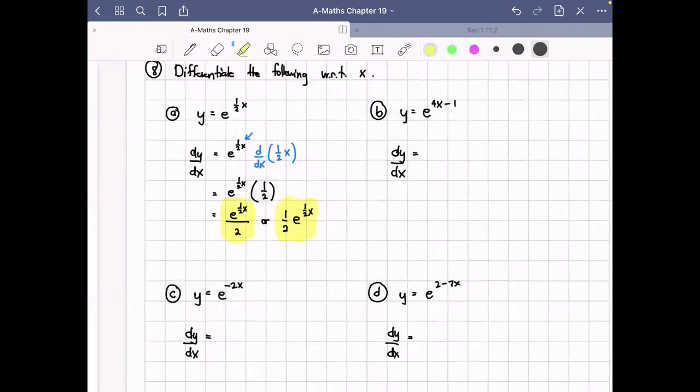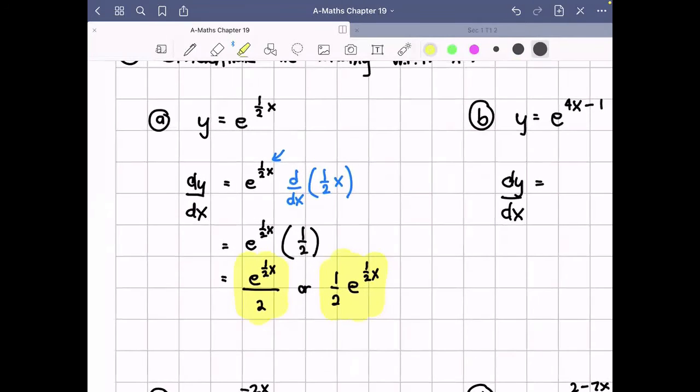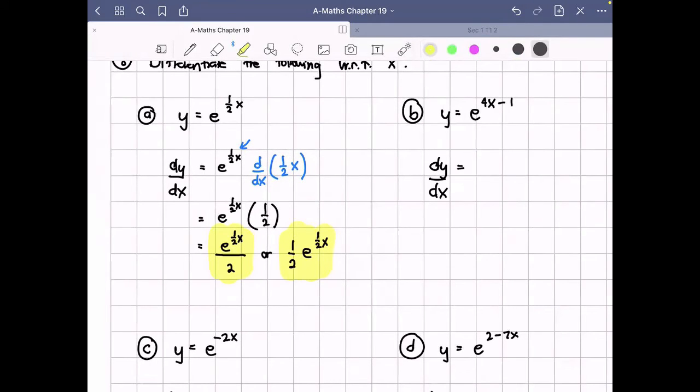Actually, class, if you get the hang of this exponential function, you'll see that if you have this half here, you just multiply it in front of the exponential function. Okay, I'm just doing this to explain it. But then, if you get the hang of this, you see the coefficient of x here, which is 1/2.